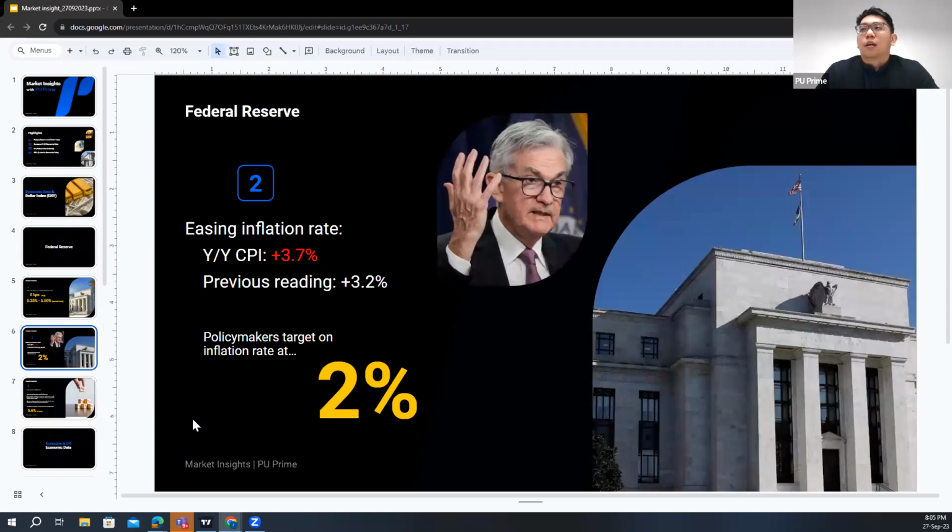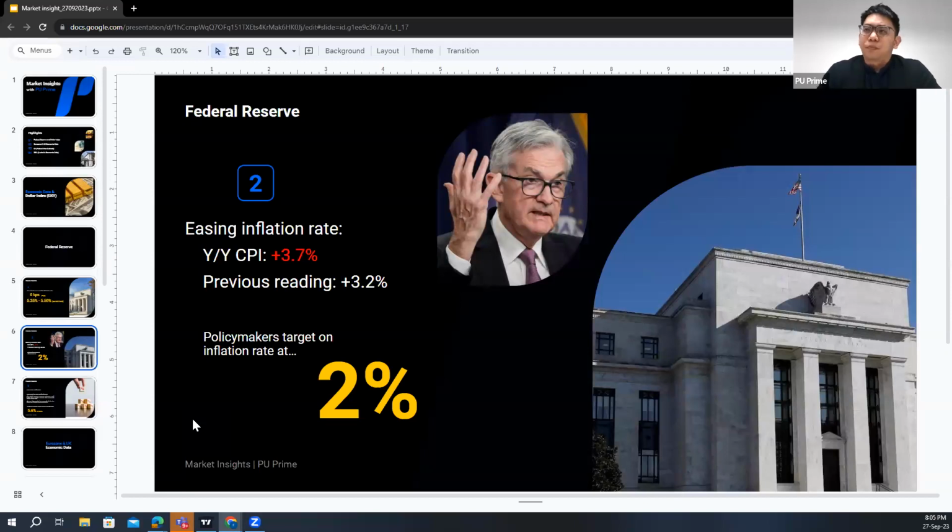Okay, moving on. Last week also had a crucial piece of data, which is the CPI. The US CPI increased to 3.7% from the previous reading of 3.2%.